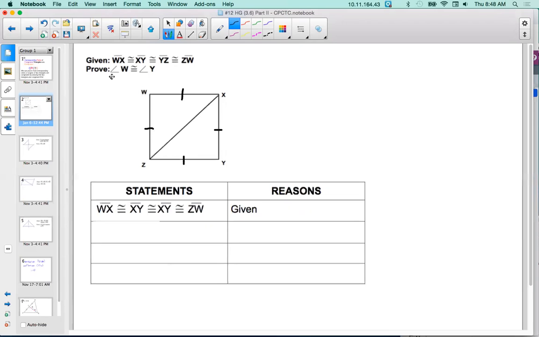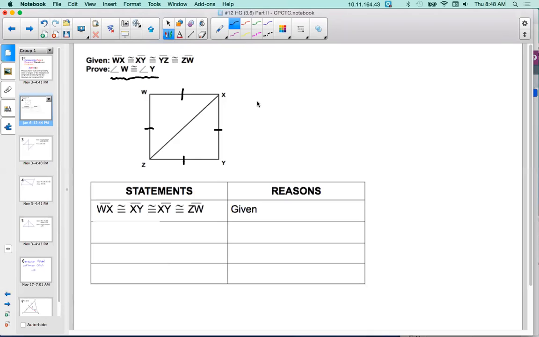What we're trying to prove is that angle W is congruent to angle Y. Now, we're not given that information, right? There's no transversal that can let us say that based on parallel lines. Again, we can say they look like right angles, so if they are, they'd be congruent, but we don't have enough information to say that they're right angles.